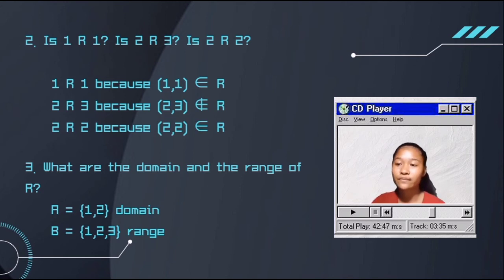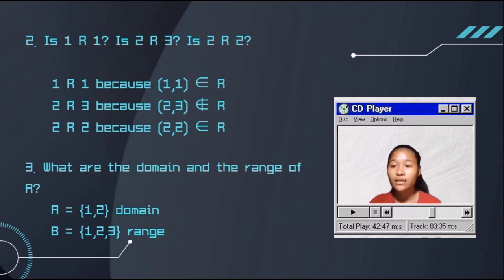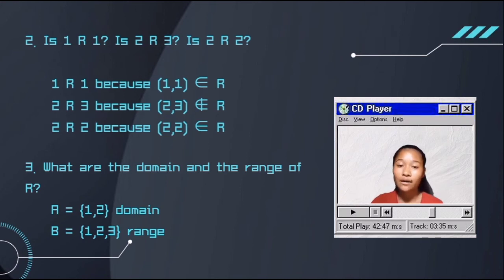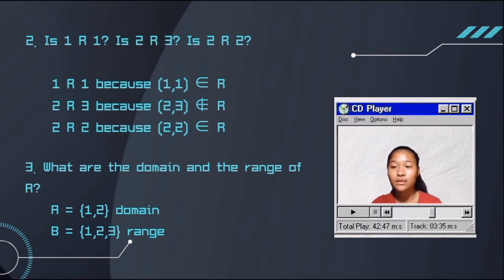Yes, because 1 and 3 is an element of R. 2 and 3 is not related to each other because 2 and 3 is not an element of R. And lastly, 2 is related to 2 because 2 and 2 is an element of R.